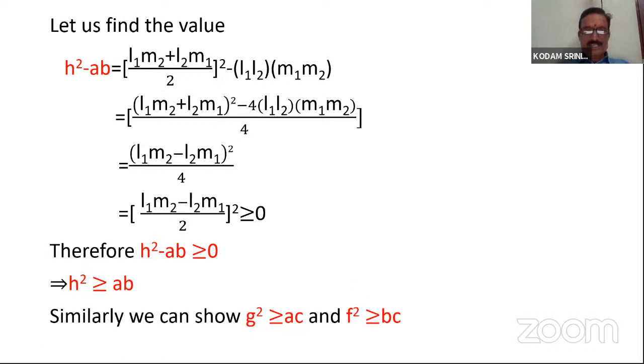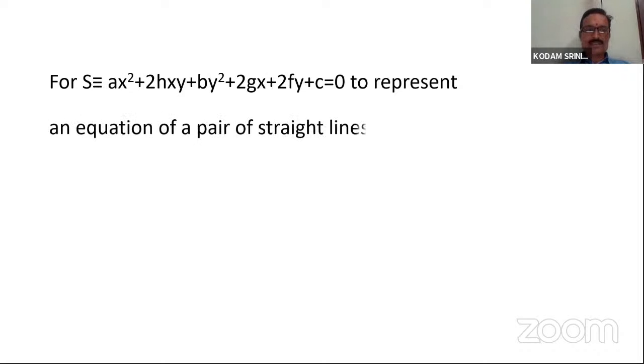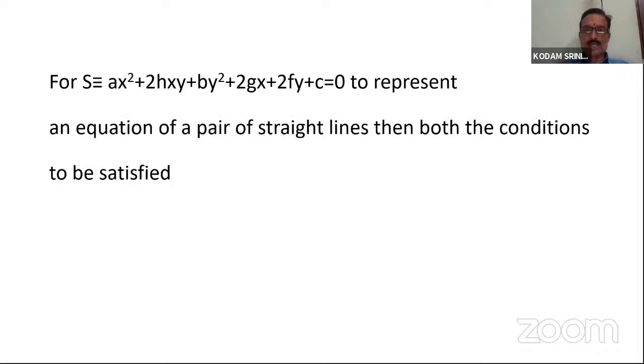Therefore, for the given equation S equal to 0 to represent a pair of straight lines, both the conditions should be satisfied.